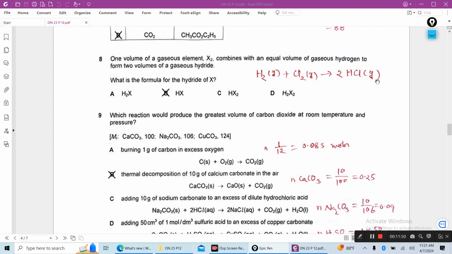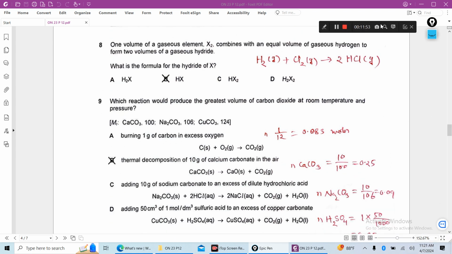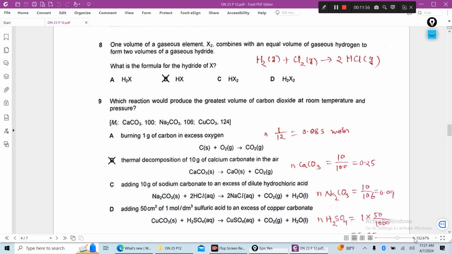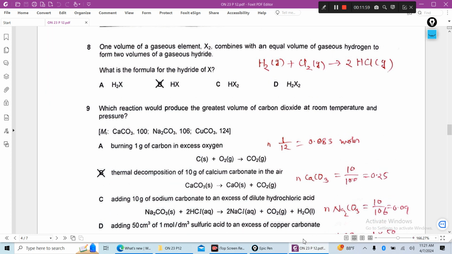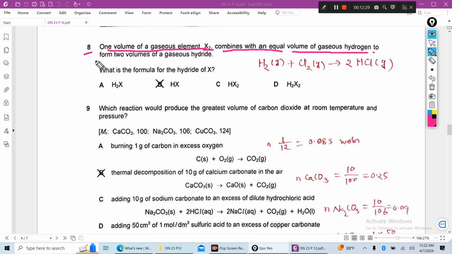Next, number 8. One volume of a gaseous element X2, meaning chlorine, bromine, iodine, combines with an equal volume of gaseous hydrogen, that means one volume, to produce 2 volumes of gaseous hydride.